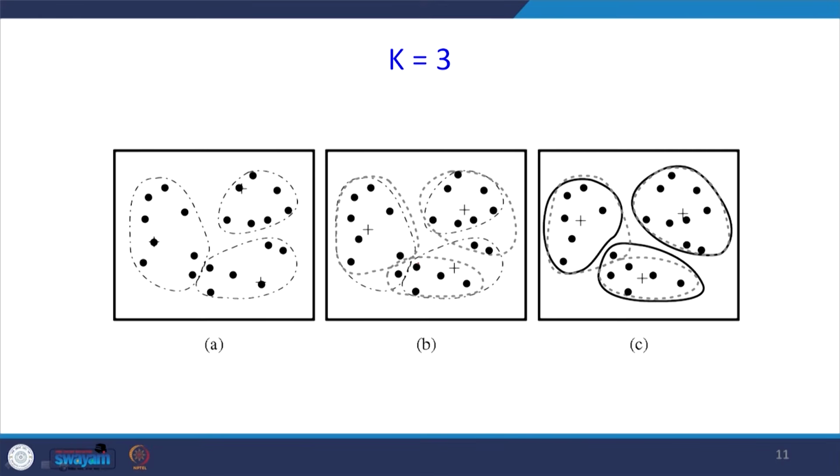If any point is closer to that centroid, I bring that point into that cluster. Then I update this cluster, and so on. I continue until all the objects are grouped into 3 clusters, and the intra-cluster distance is less and the inter-cluster distance is more. I will explain this with the help of a numerical example.